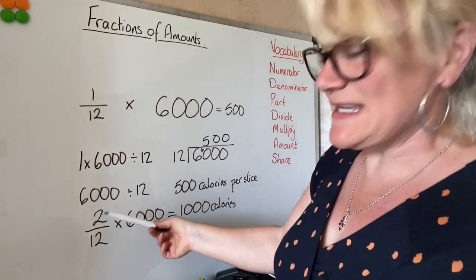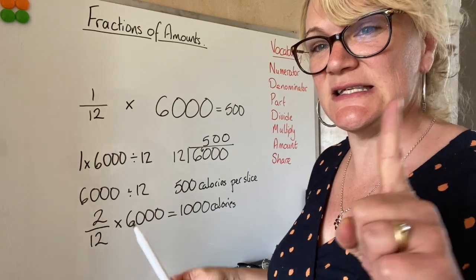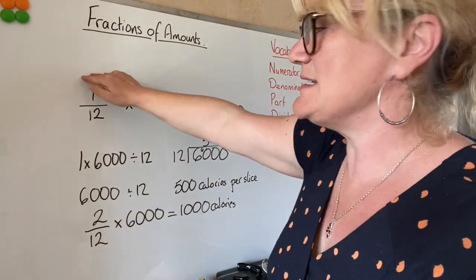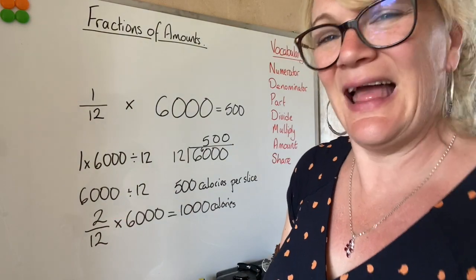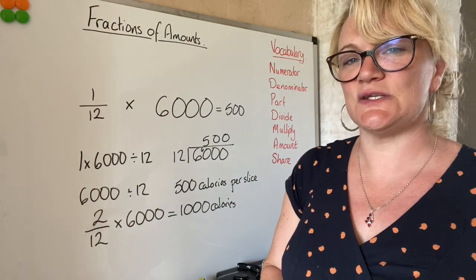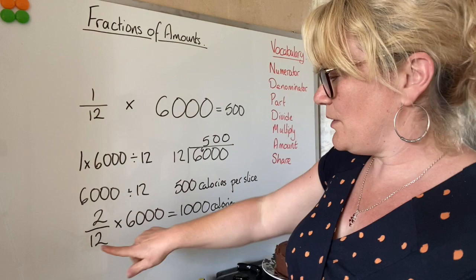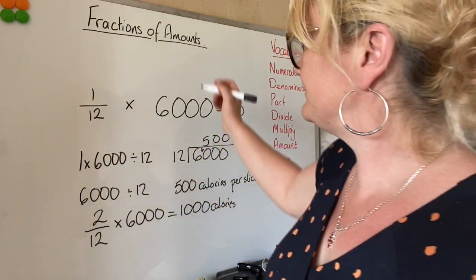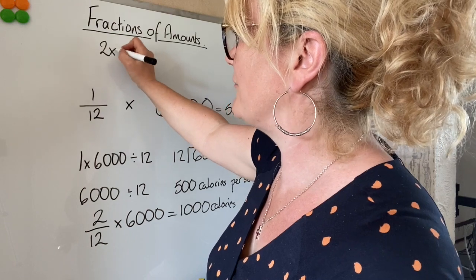We can do that in 2 ways. The way we just did it, which is to find out what 1/12 is, and then times that by 2. And that's probably the easiest way to do it. You can also do it 2 times 6,000. I'm going to do it up at the top here where I've got space.